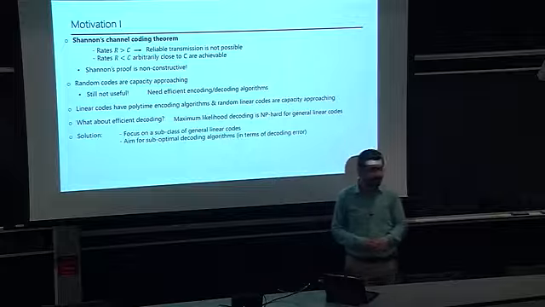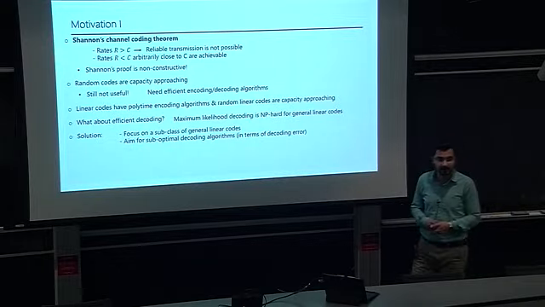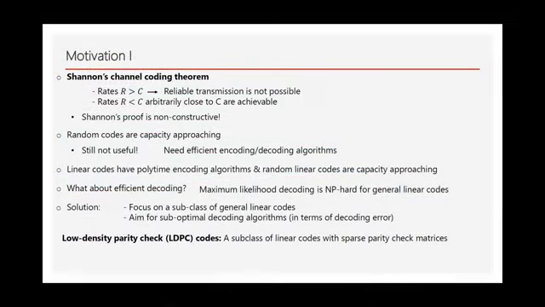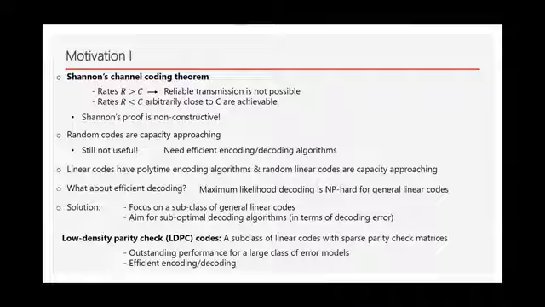So the solution that people considered was to focus on subclasses of linear codes instead, and instead of aiming for optimal decoding probability, we aim for suboptimal decoding. Low density parity check codes, or LDPC codes, are a subclass of linear codes with sparse parity check matrices. They satisfy these nice properties that we want: they are capacity approaching and they have efficient encoding and decoding.